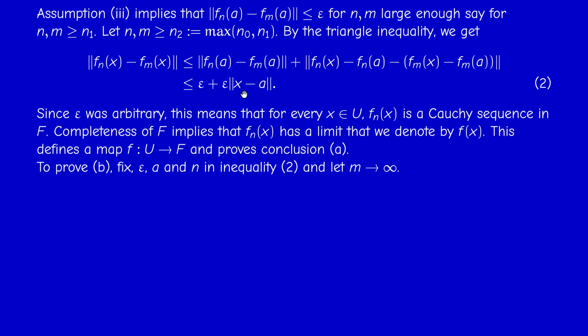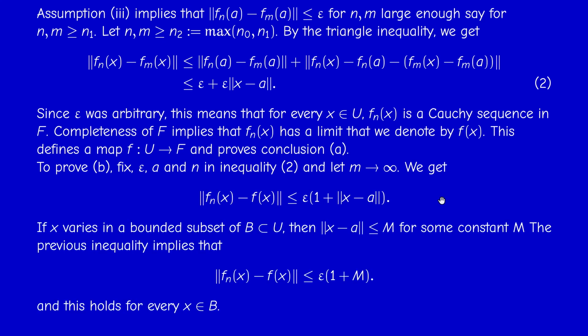Since the norm is continuous, this converges, as you may easily check, to Fn of x minus f of x. At the limit, because limits conserve inequalities, the norm of Fn of x minus f of x is less than, factoring out epsilon, epsilon plus epsilon times the norm of x minus a.